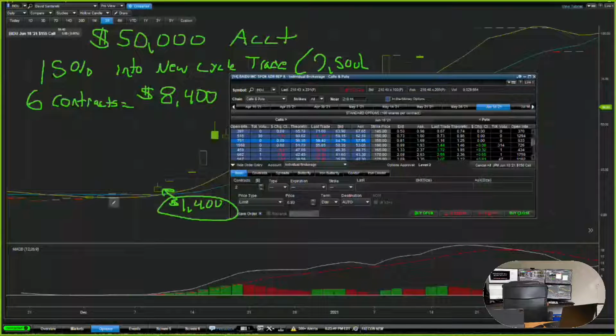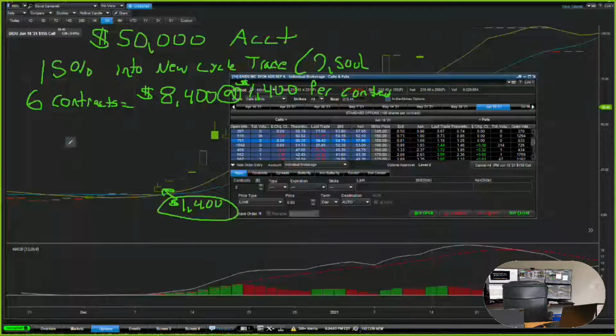Now, if you go to that date on February 26th, you sold it for $143. Well, guess what? You sold 6 contracts, 8,400 at 1,400 per contract.